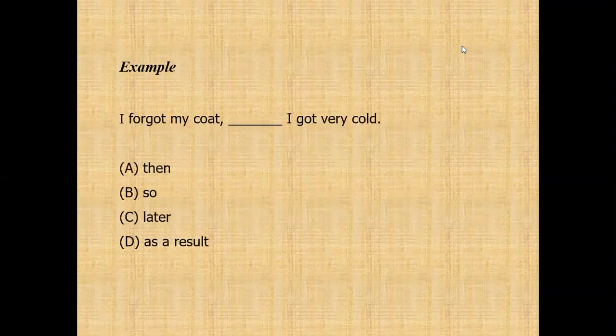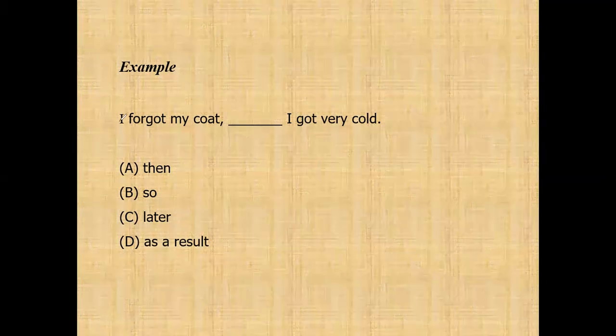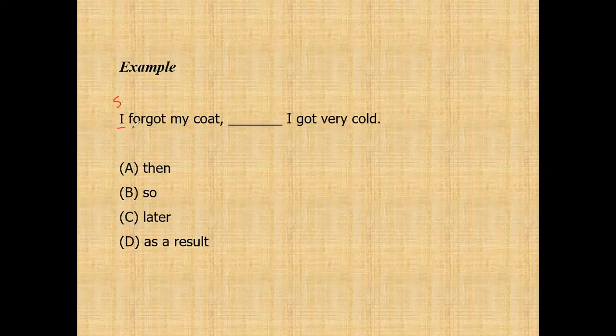So look at another example, guys. I forgot my coat, blah blah blah, I got a very cold. From this example, let's find what is the subject. The subject is I, the verb is forgot, and after that, blah blah blah. Look at another subject, I, and then got is the verb. From this sentence, it's missing a connector.